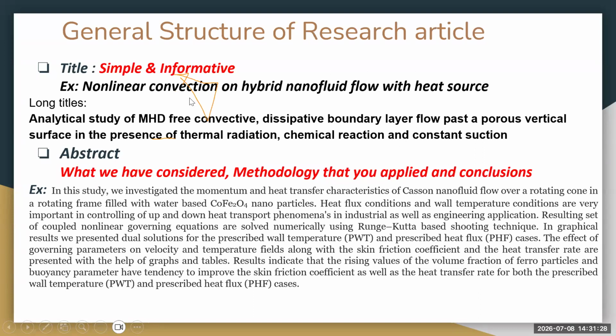Let us say they may have used linear convection earlier, and they might have used nanofluid there, and they also had some other effects. But I have extended it, and these are my main focus: nonlinear convection and hybrid nanofluids with heat source.